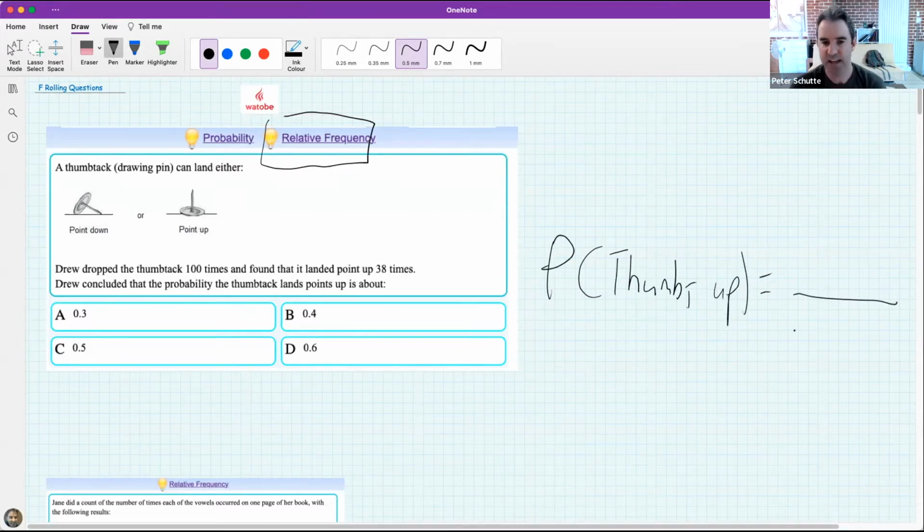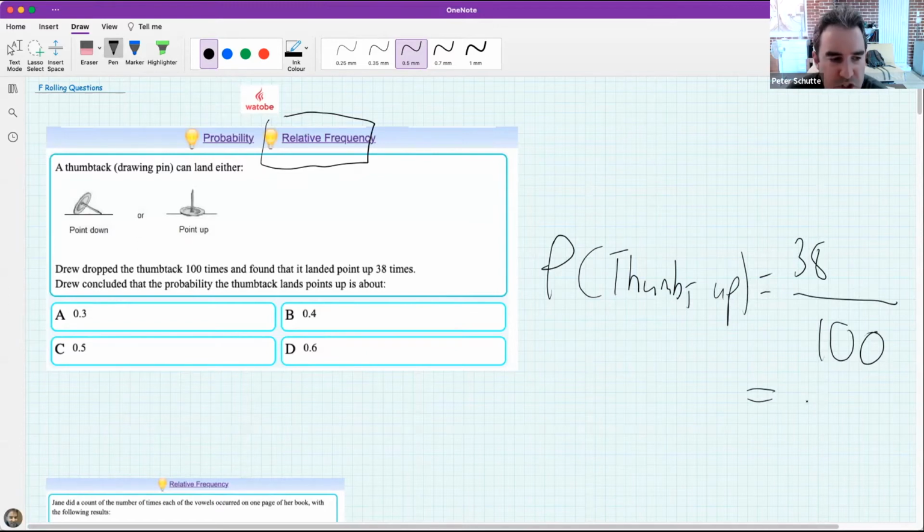So this is based on real world trials. It's not based on a theoretical thing. And the number of possible trials is 100. And the number of favorable outcomes is going to be 38.